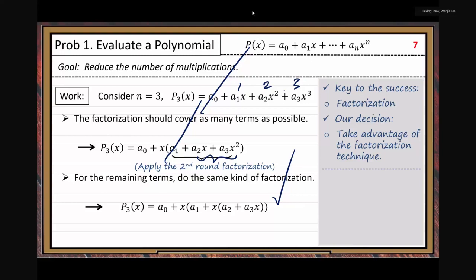This term, 1 contribution. This term, 2 contributions. 3 contributions adding up equals 6 multiplications. Can you see that?